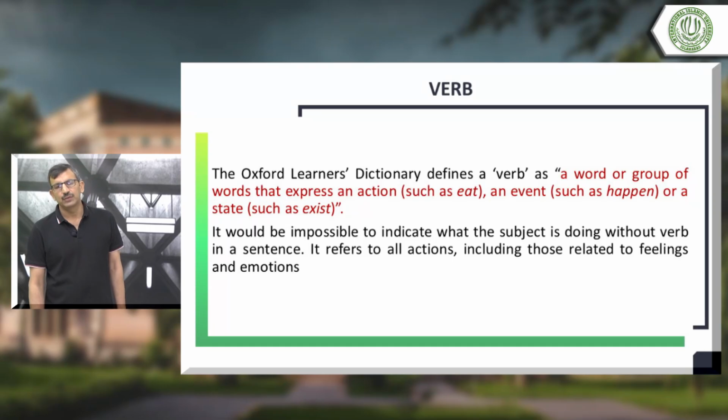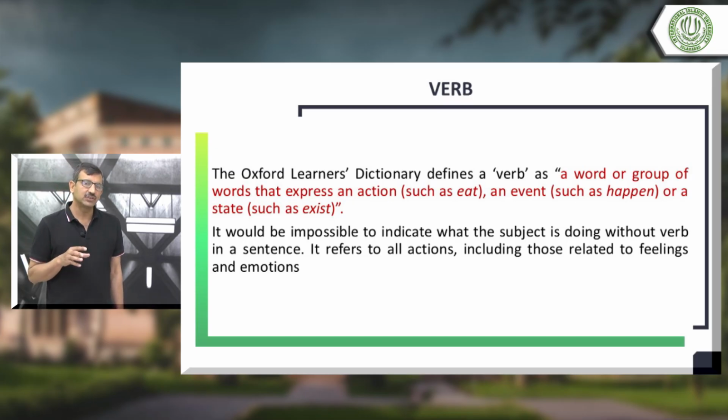According to Oxford Learner's Dictionary, a verb is a word or group of words that express an action, for example, eat, an event such as something is happening, or a state such as something is existing. So, it would be impossible to indicate what the subject is doing without a verb in a sentence. A verb plays a pivotal role in the construction of a sentence.